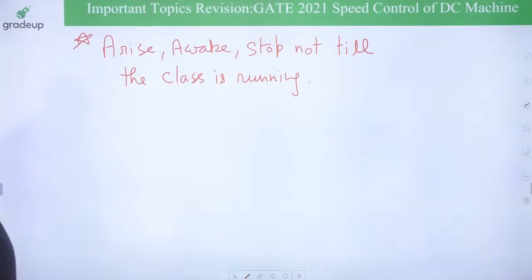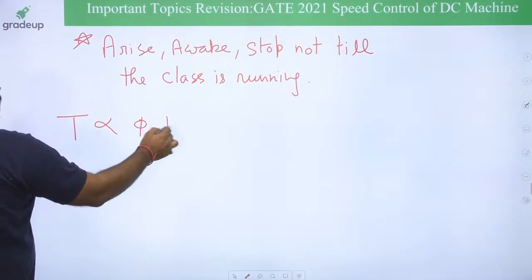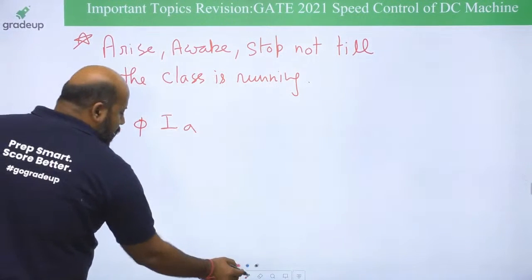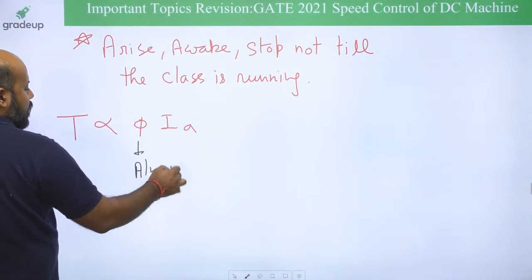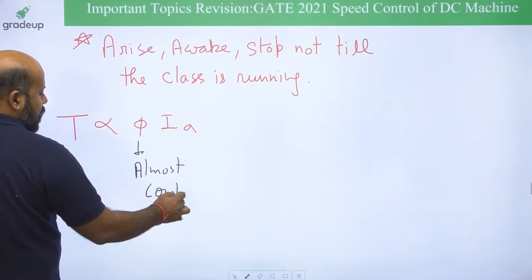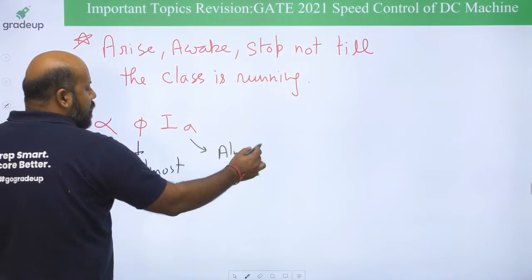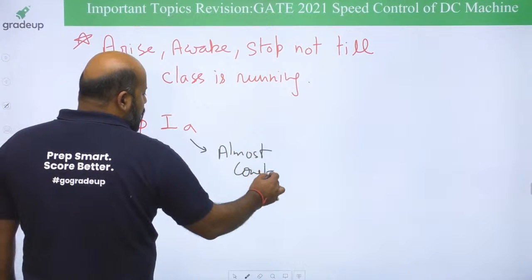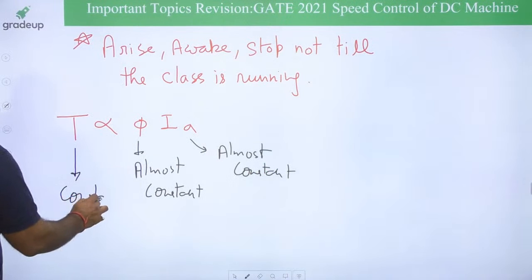Don't sleep. What is happening to the torque? Almost constant. Armature current almost constant. It means torque is constant.